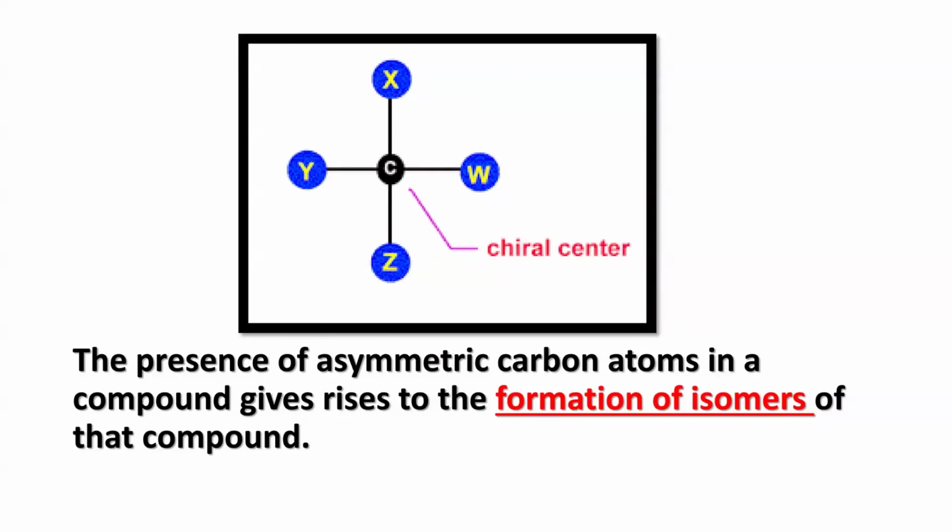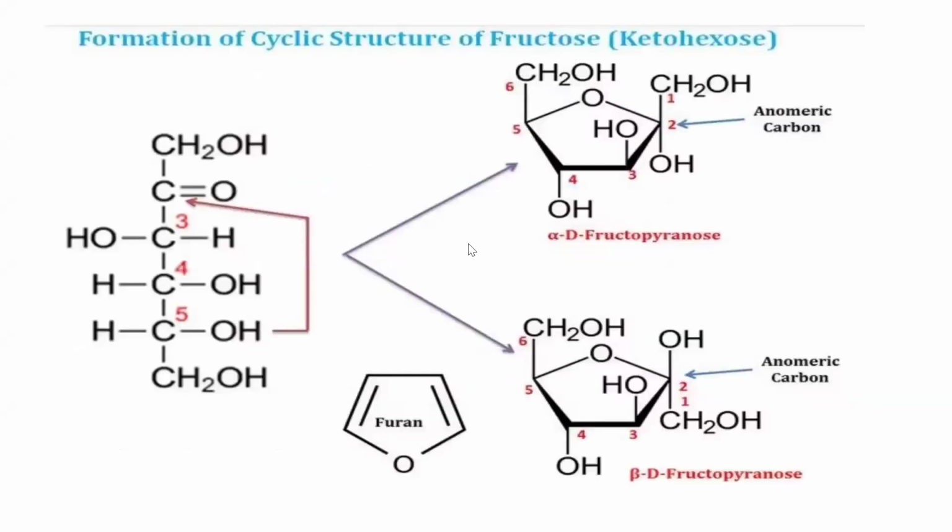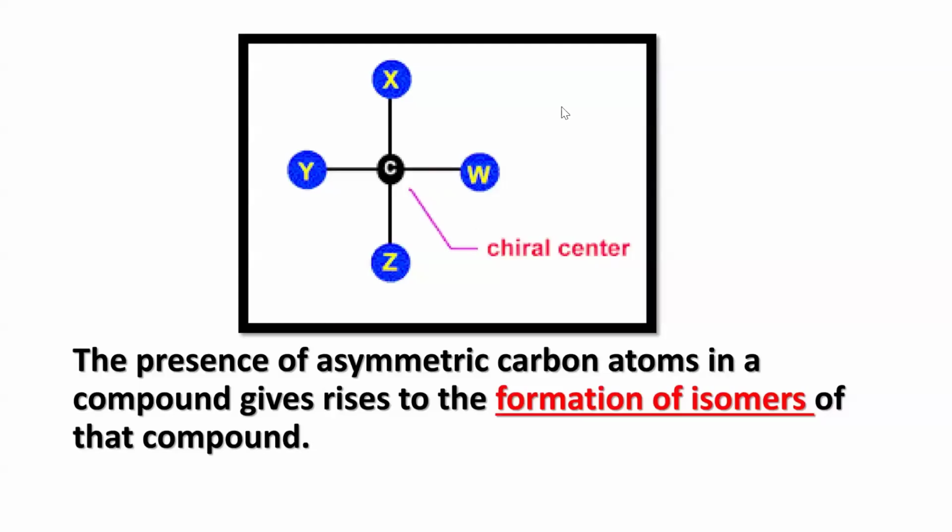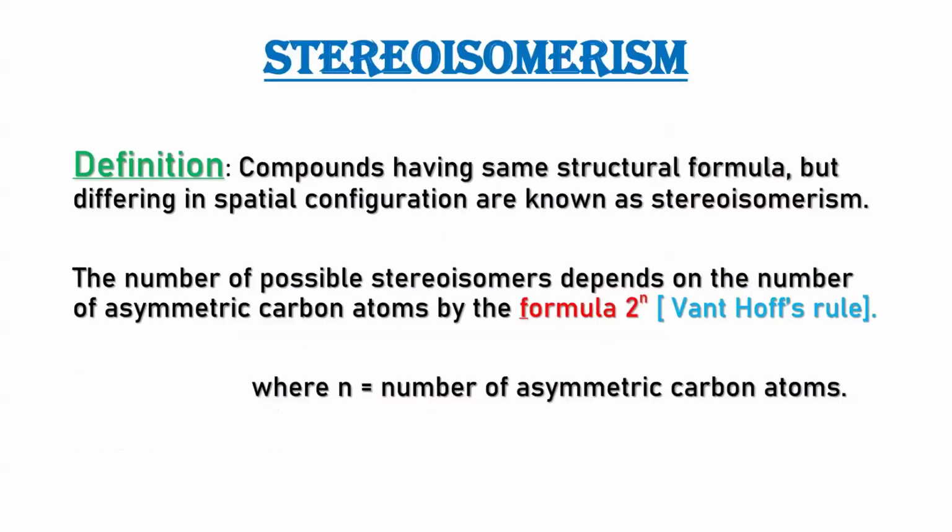The presence of asymmetric carbon atoms in a compound gives rise to the formation of isomers of that compound. Because of this, we have the L isomer and the D isomer.